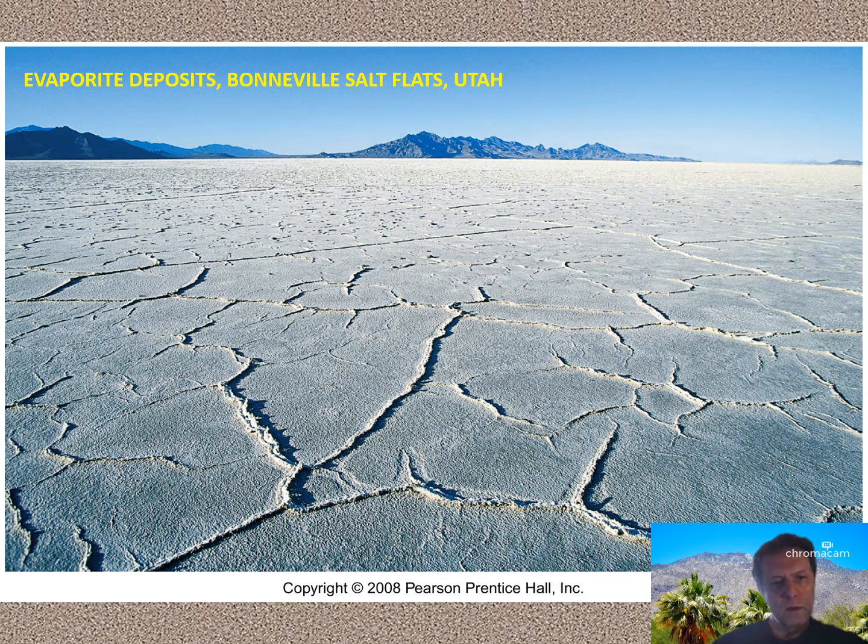The water leaves, the salt stays behind. So what you have is a buildup of salt deposits, sodium chloride, also calcium chloride, borax, and other types of evaporites to form these deposits, which can build up over time into quite thick deposits.